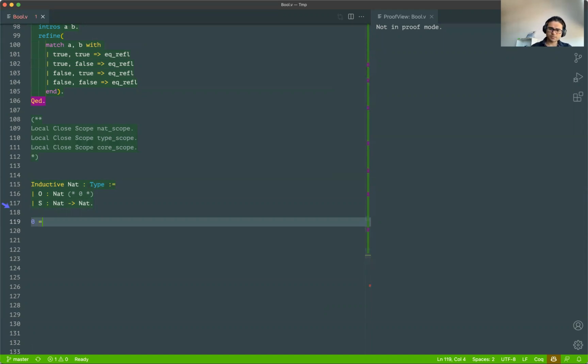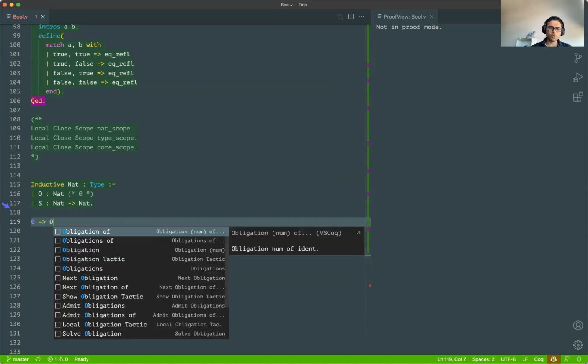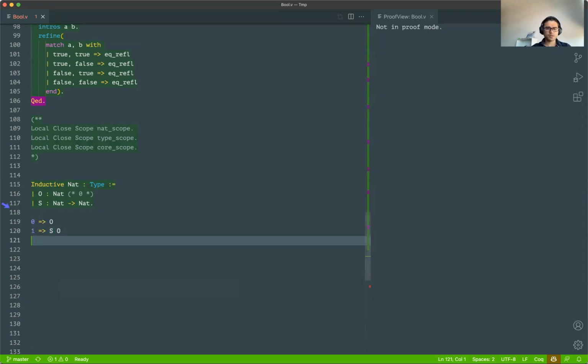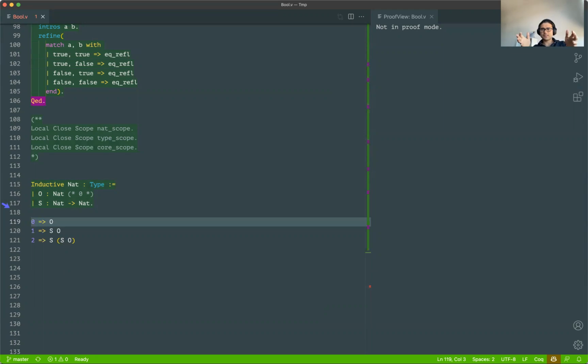So 0 is represented as O. 1 is represented as S of O. 2 is represented as S of S of O. So you can think of O as our base case. This is where we're starting. And then if we wrap it in the S constructor, we get the next natural number.